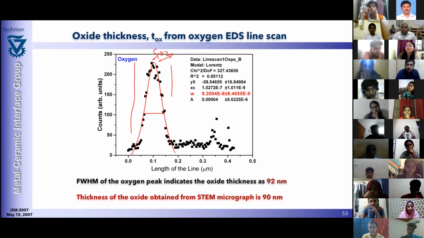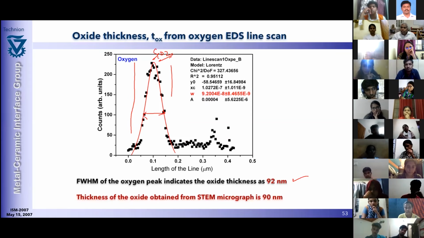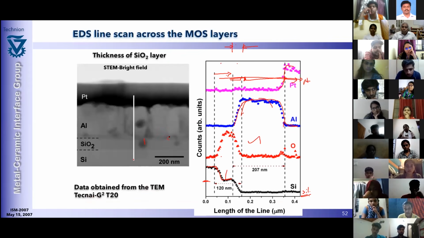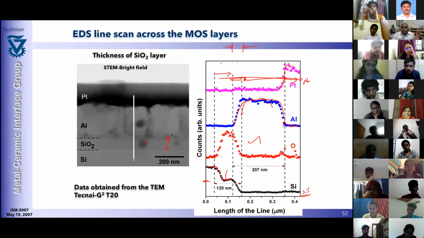I take the FWHM, the full width at half maximum. That gives me the layer thickness of about 92 nanometer. That's how I understand the thickness of my layer. That's one of the analyses.